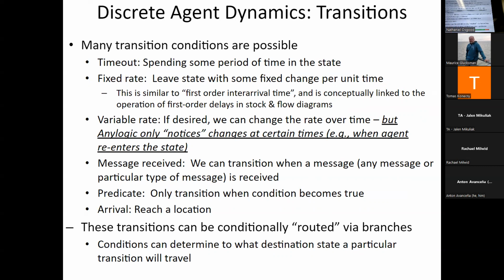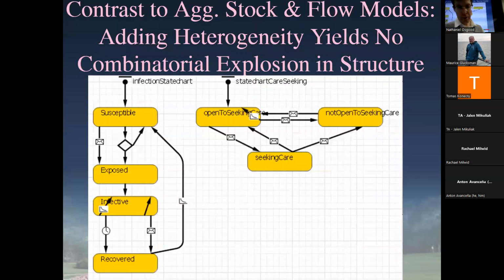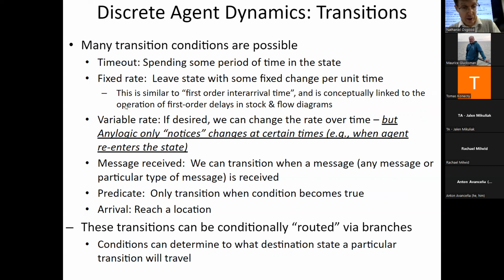So we can have timeout transitions, fixed rate transitions, a variable rate. These are different rules governing those actions by which a person's state will evolve. So with state charts, we can have these different types of rules governing it.